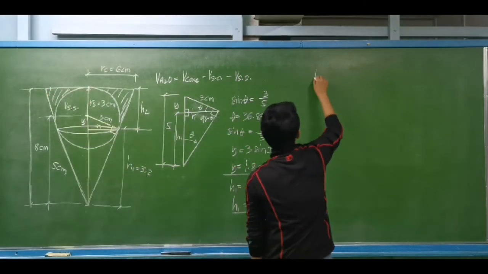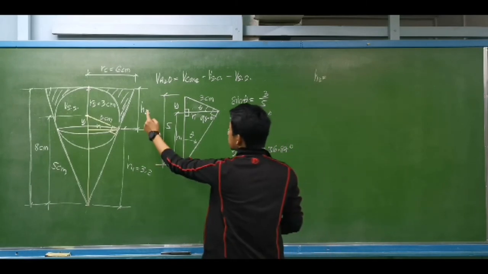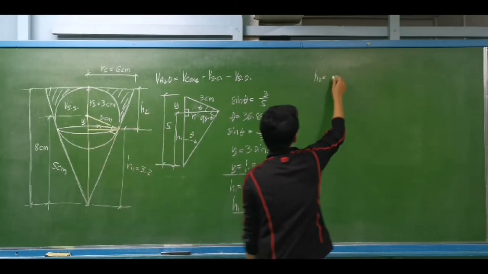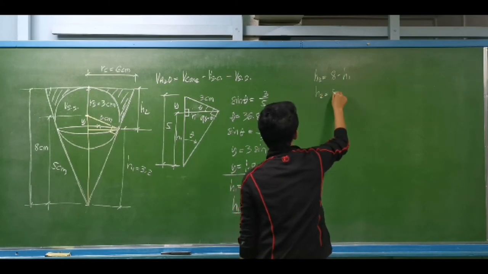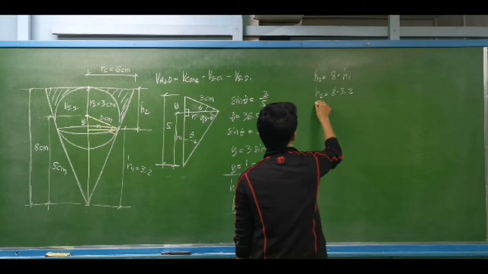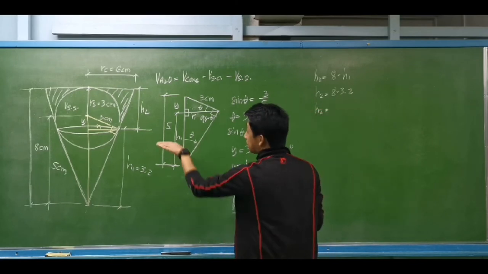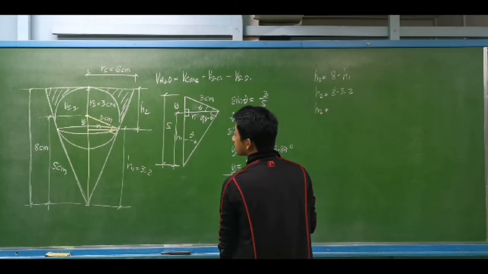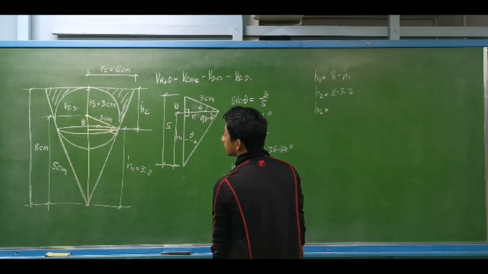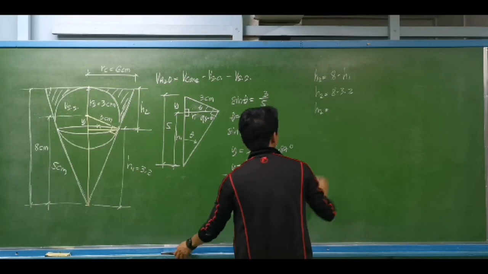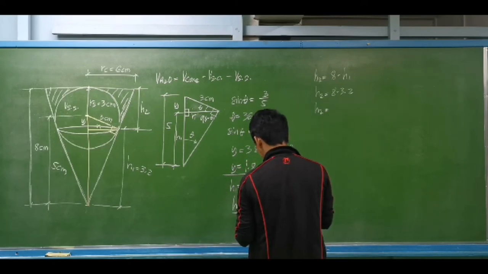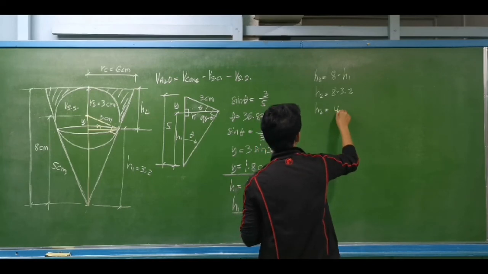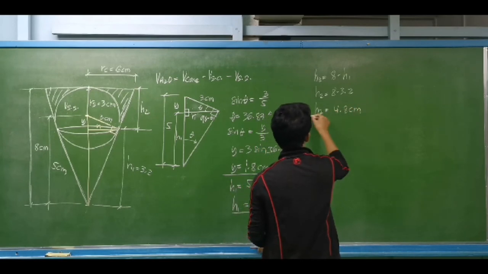So, we have yung h sub 2. h sub 2 is 8 centimeters minus h sub 1. h sub 2 is equal to 8 minus 3.2. Ano yung ating height? Yung height ng sphere, pataas dyan. Okay, that is 8 minus 3.2. This is 4.8 ba? 8 minus 3.2 is, yes, this is 4.8 centimeters.